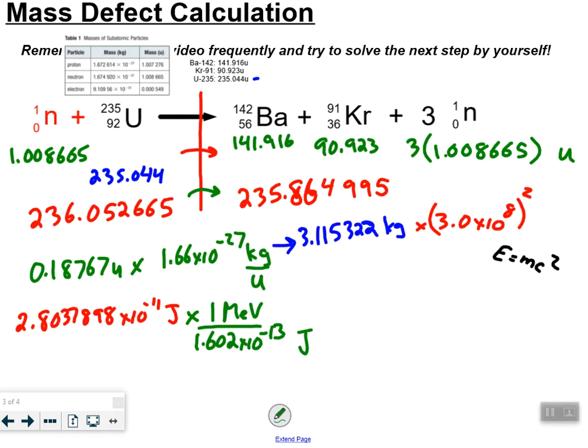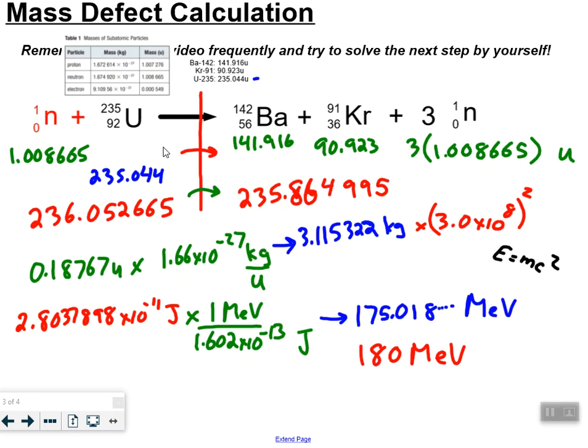That translates, and I'm going to drop some significant digits here because the textbook asks for 2, to 175.018 something mega electron volts. The textbook rounds that to 170, which is actually incorrect. It should be 180 if you want it in 2 significant digits. And that is it.